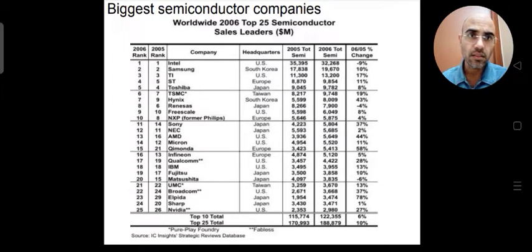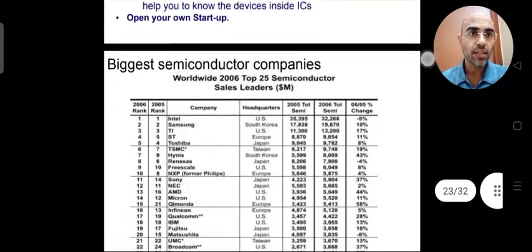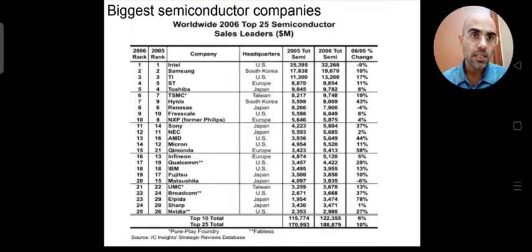These are some of the important companies which you can see here, and they are working in various countries as well. Some of the countries are the US, China, Japan, Taiwan. These are the important countries which are dominating in the field of VLSI.